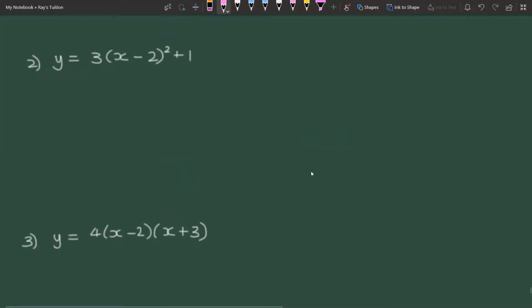So for this one here, which form is it in? It is in turning point form. So in turning point form, it's much simpler. We can just read the turning point. So we change the sign of x, so it's positive 2, and our q value is 1, so that is our turning point.